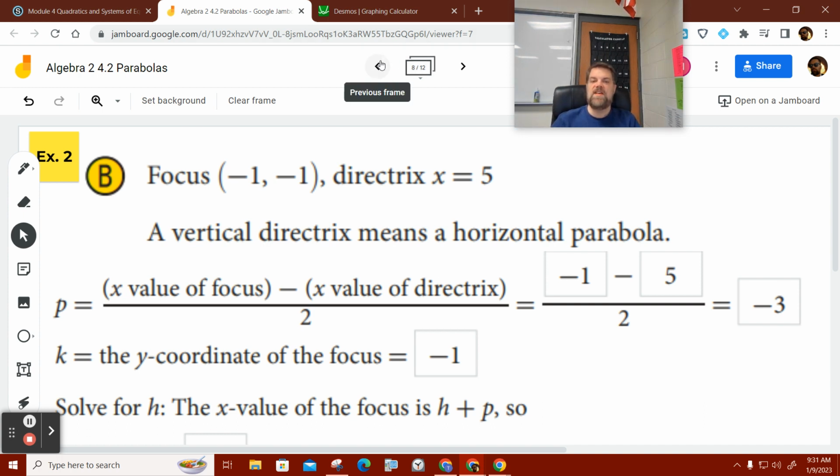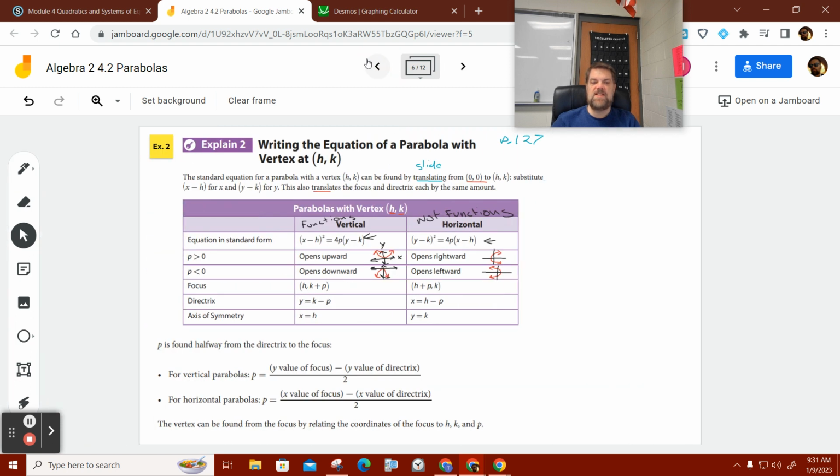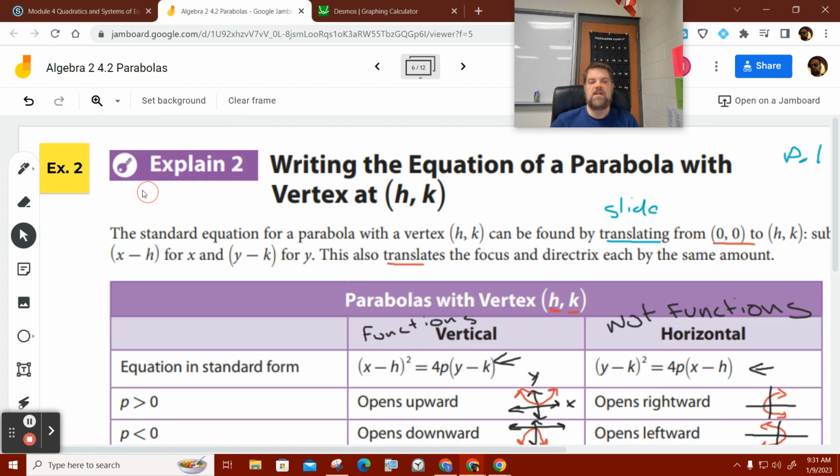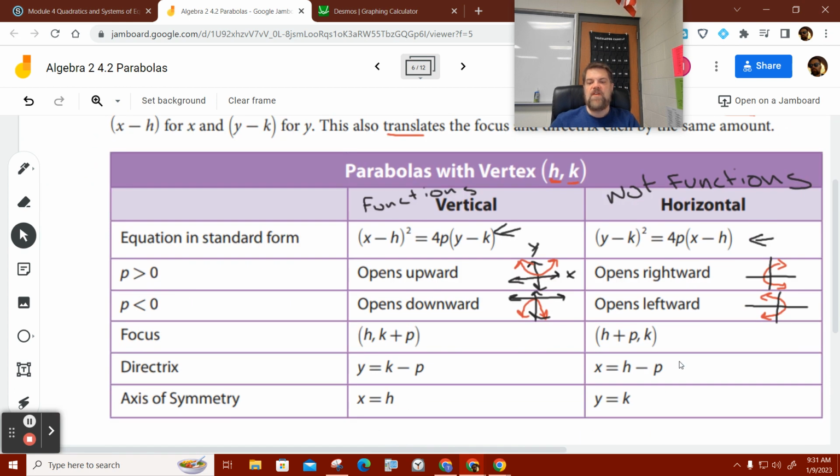I know this because I memorized this table, but you guys should know this too eventually as you come to learn it. If I have x equals something for my directrix, it's a horizontal parabola. And then we use the information in this column to determine what the equation is. Eventually, we're going to figure out what h and k and p are based on the information.